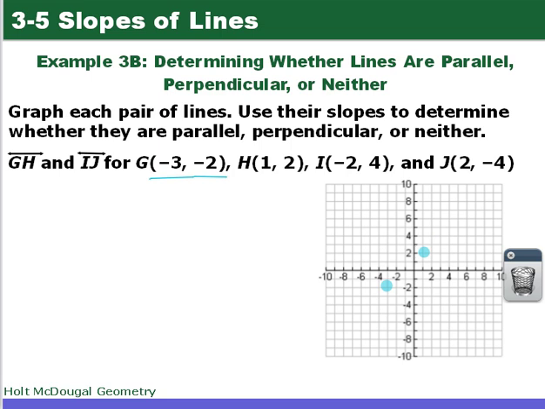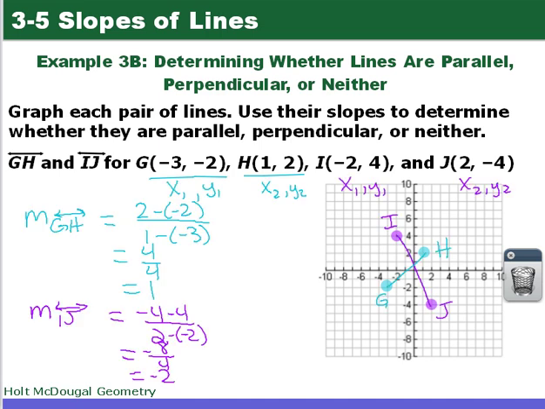That's going to be our H. And then we'll plot the points for I. I is at -2, 4. And J is at 2, -4.